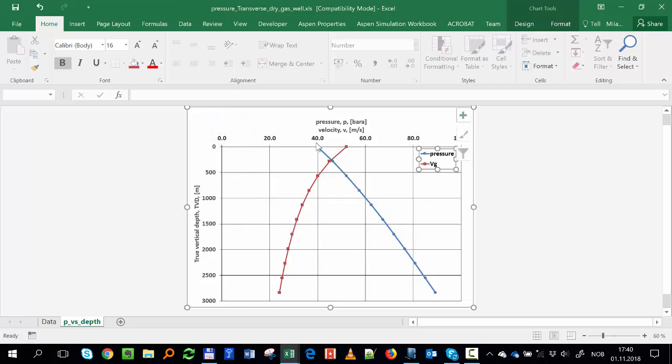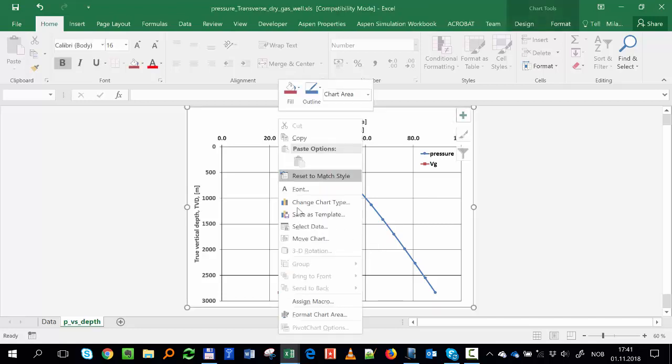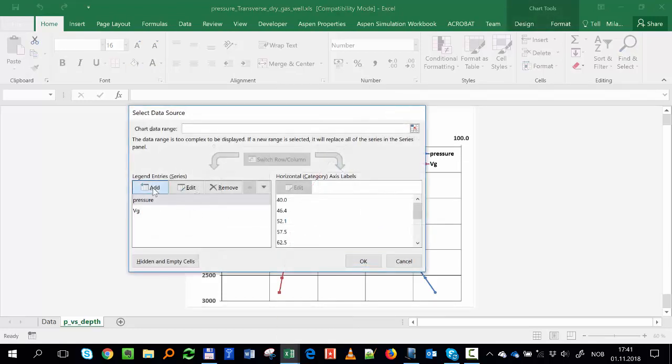So see, when pressure goes down, that's the bottom of the tubing, and that's the top of the tubing. When pressure is going down, velocity is increasing dramatically, which was what we already discussed. Now I'm going to plot on the same plot the erosional velocity that we just calculated in all of these positions in the tubing, to compare them, to see when I'm going to have problems. For that, I again select data.